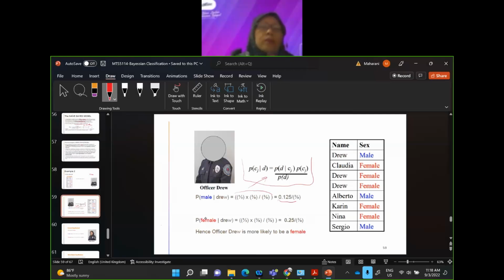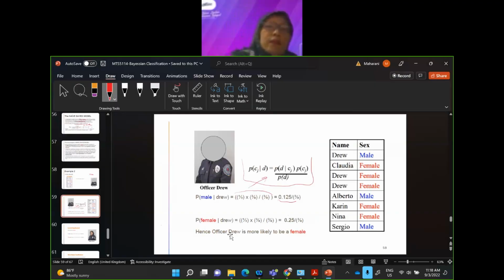Now the female with the name of Drew, with the condition Drew. If you compute this using the Bayes theorem, the value is 0.25.